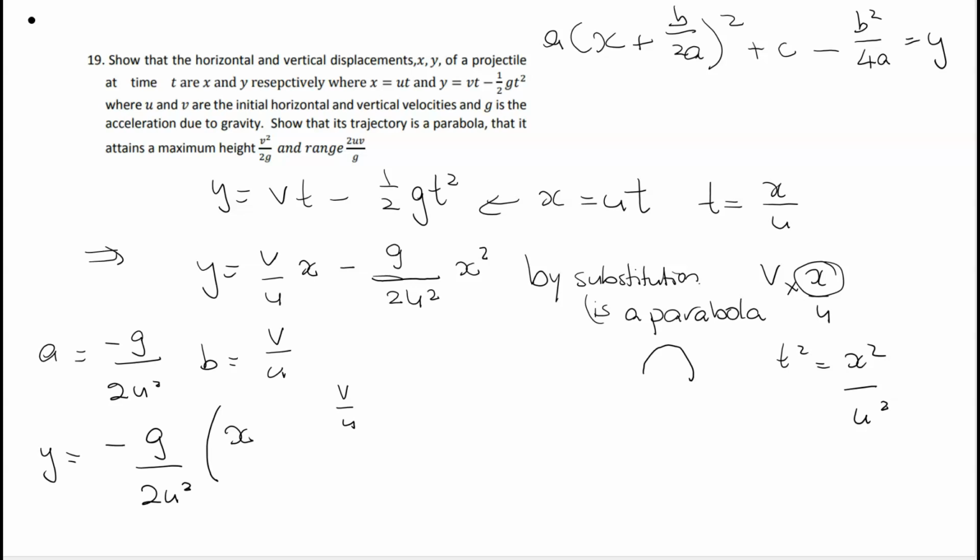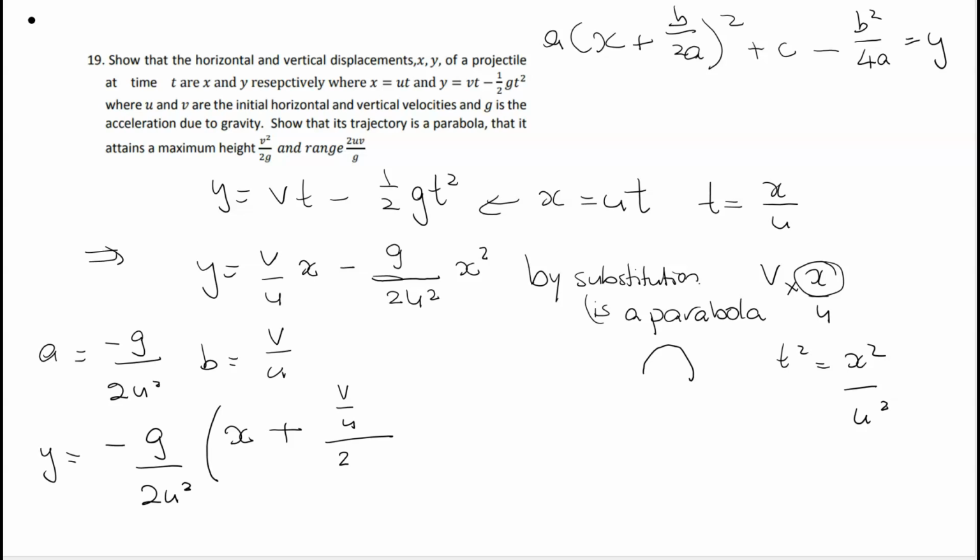and it's got to be over, what's it got to be over? It's got to be over 2a, and 2a is 2 times negative g. It would be a negative negative, so it will be a plus in there.